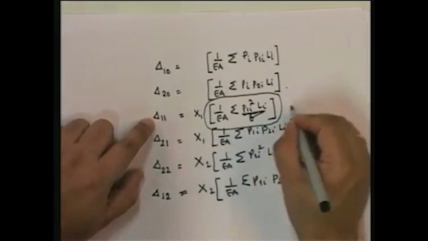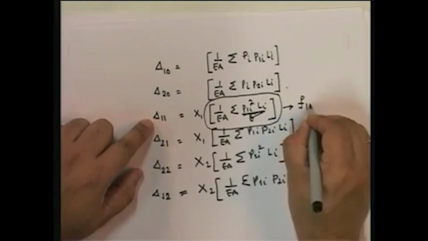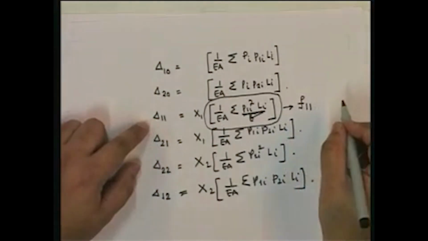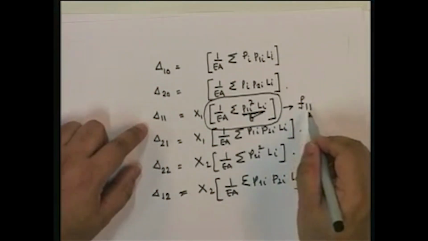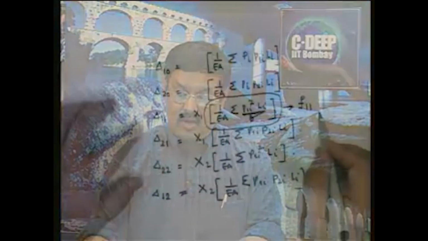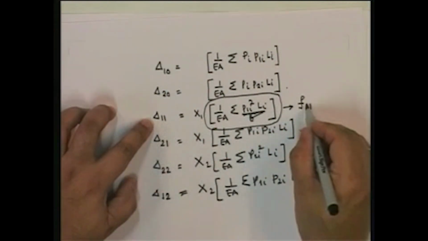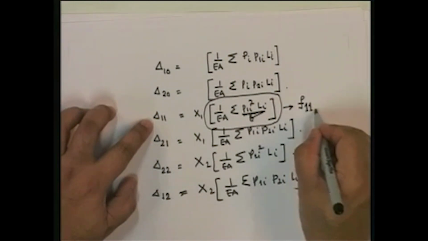That can be defined as a flexibility coefficient. What is a flexibility coefficient? Displacement due to unit load. I am putting down F11 because that corresponds to delta 1 1: the displacement at 1 due to a unit load at 1.